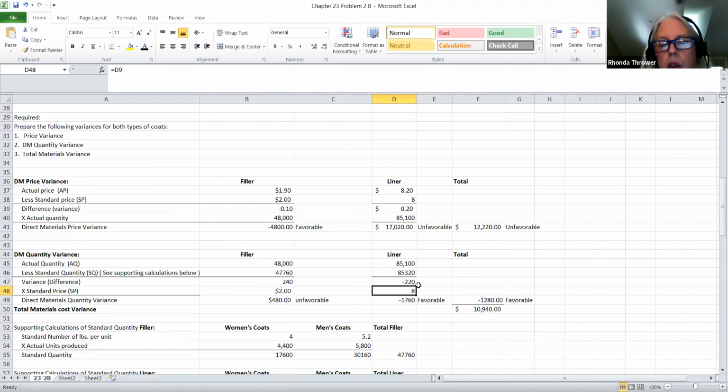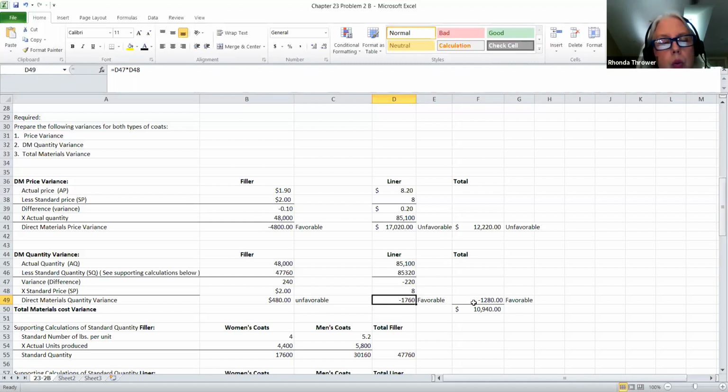So $8 times 220 yards gives you a favorable variance of minus 1,760. Then you're going to combine your favorable with your unfavorable variance. And since we had more favorable than unfavorable, we have left over a favorable balance here.